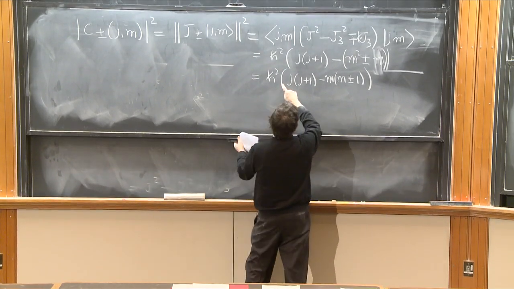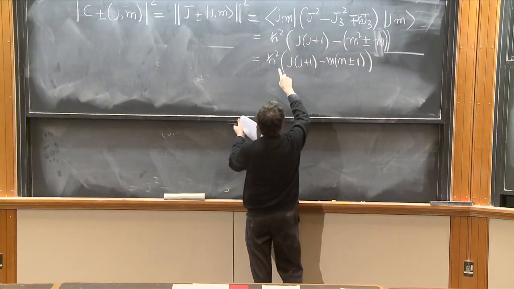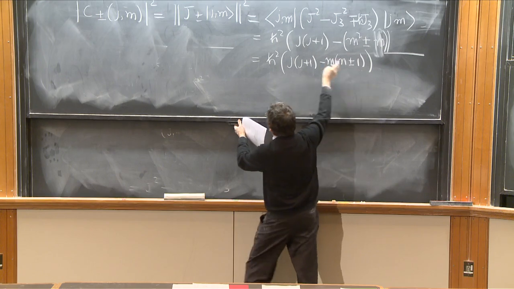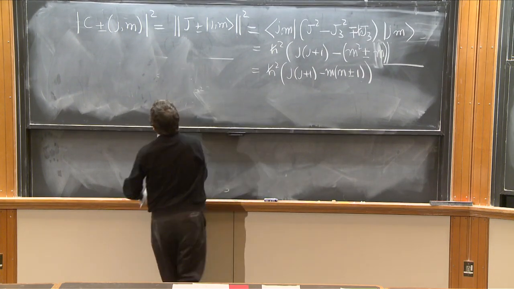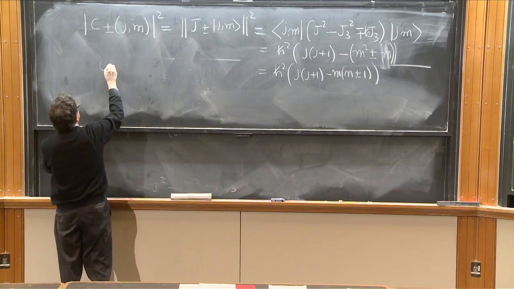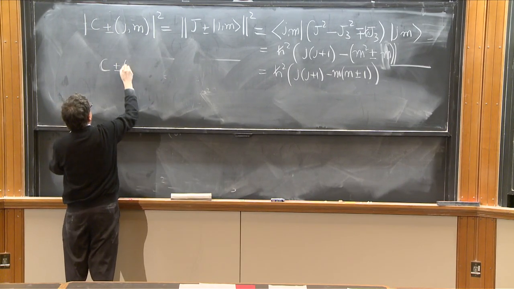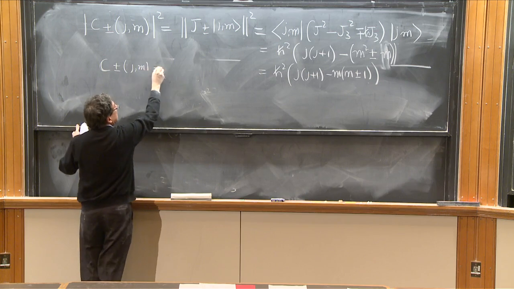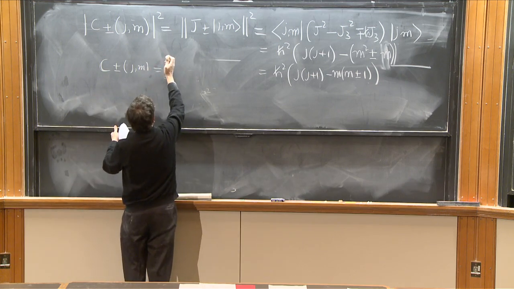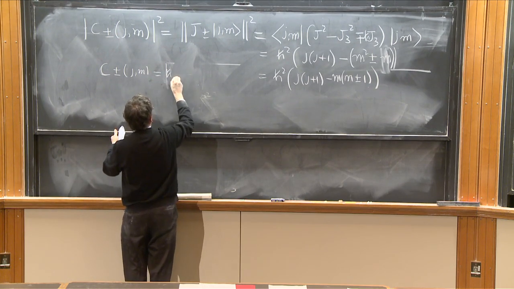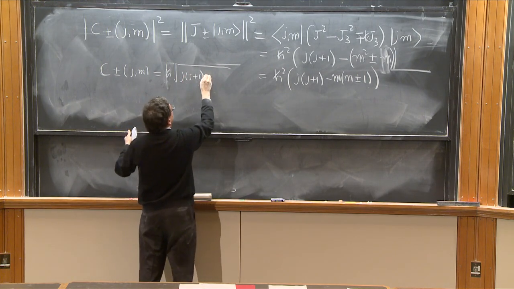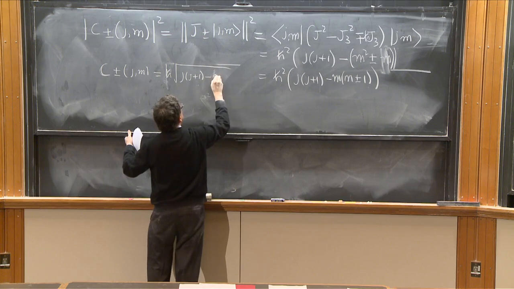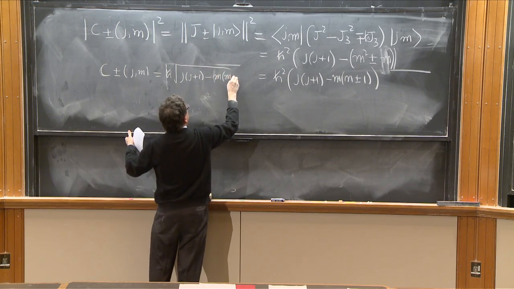So whenever we'll be able to do this, these things better be positive, being the square of some states, and therefore c plus minus of jm can be simply taken to be h bar square root of j times j plus 1 minus m times m plus 1.